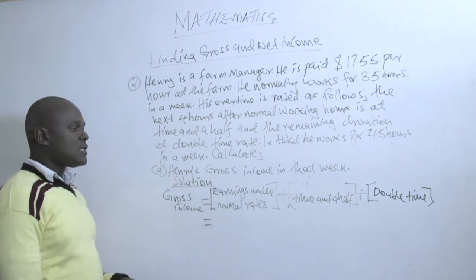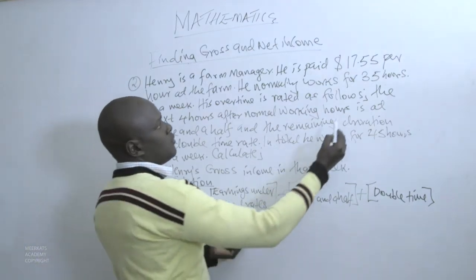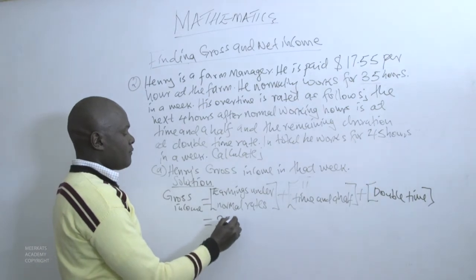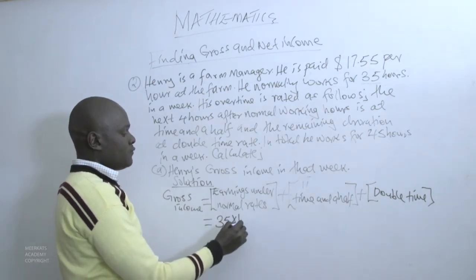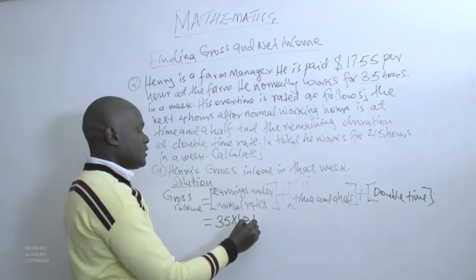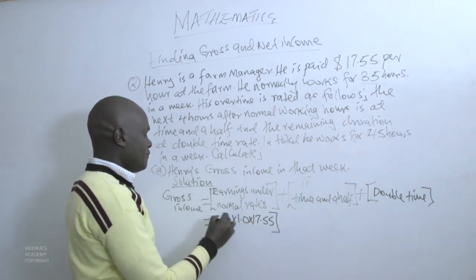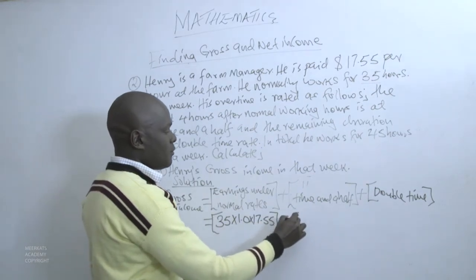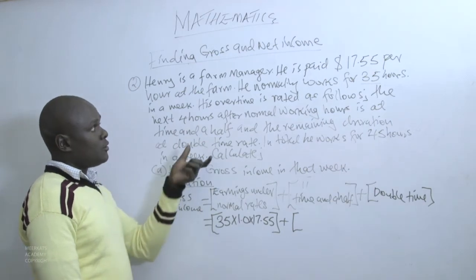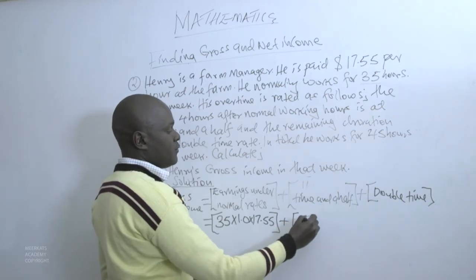So when you look at the earnings under the normal rates, how many hours do we have under the normal rate? Normal hours in a week are 35, and at the rate of 1.0 of the normal rate, which is 17.55. Under the time and a half, how many hours? We are told for the next 4 hours after 35 hours, this will be 4.